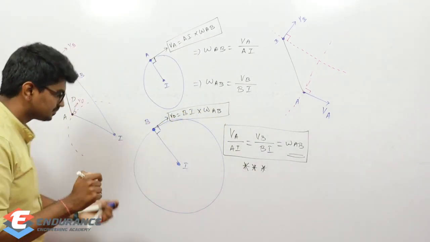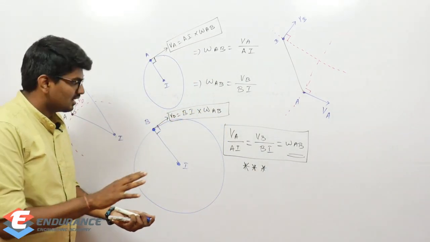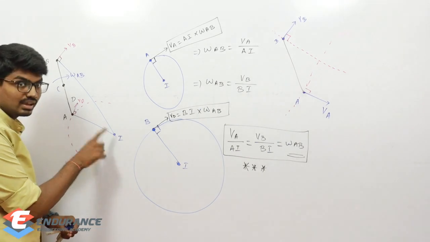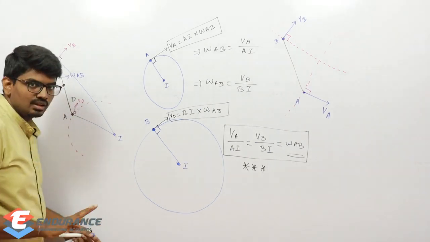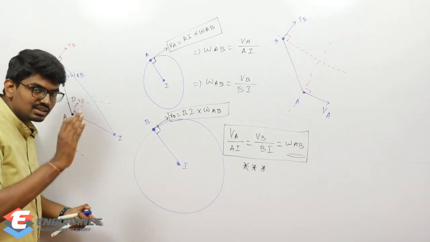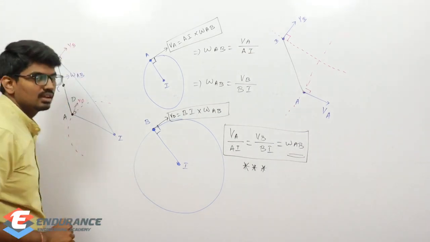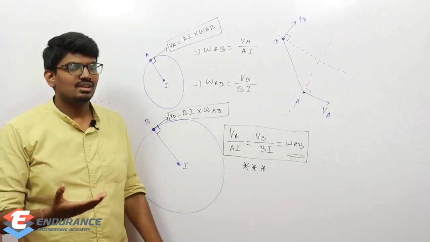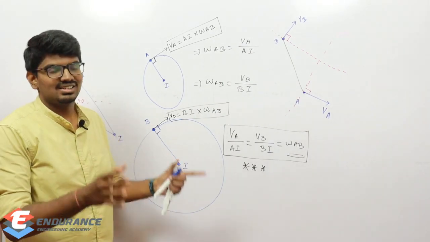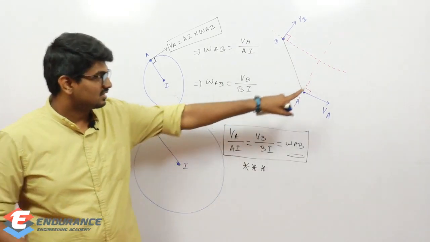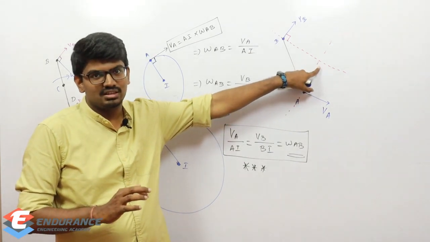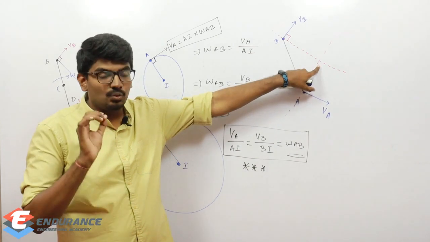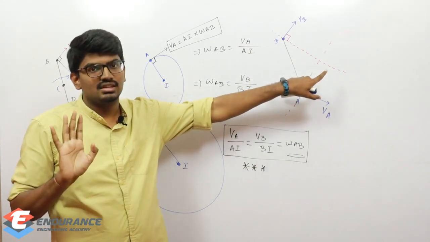Now listen. We know that the instantaneous center I has to be present on the line which is perpendicular to VA. And also it has to be present on the line which is perpendicular to VB. What does it mean? It clearly means that there is only one possibility, that is the point of intersection. Only at the point of intersection will we get the instantaneous center.